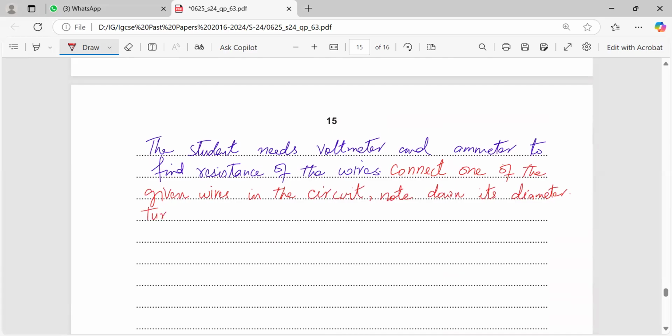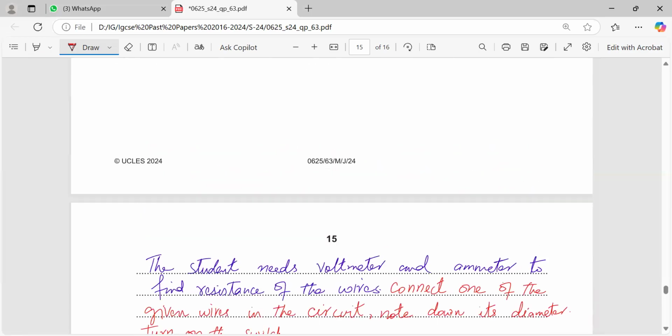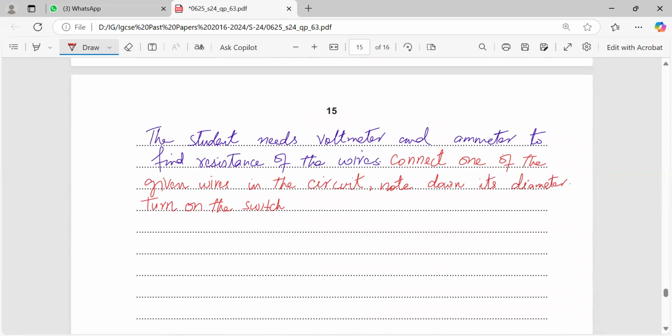Turn on the switch, or you can say turn on the current. Switch is not mentioned in the circuit by the way, so you can say turn on the current. Measure the current in the wire and the potential difference across the wire.